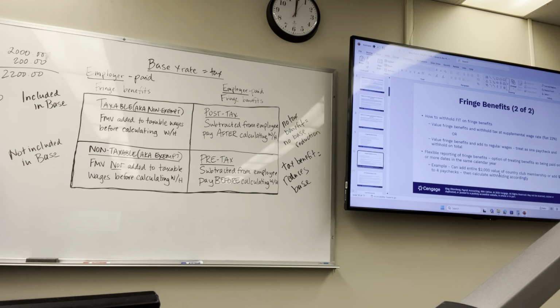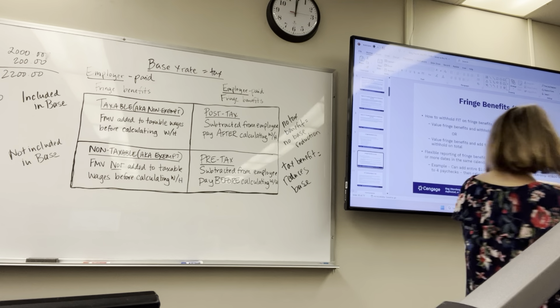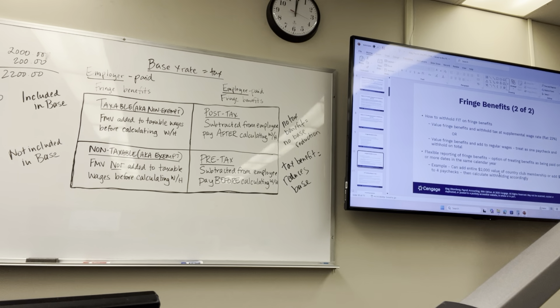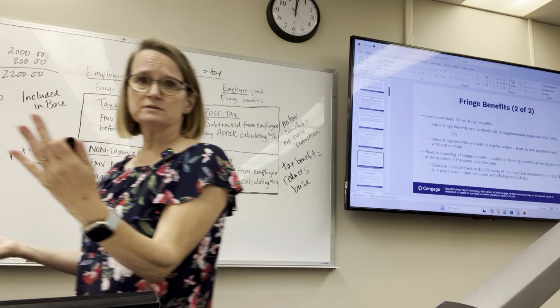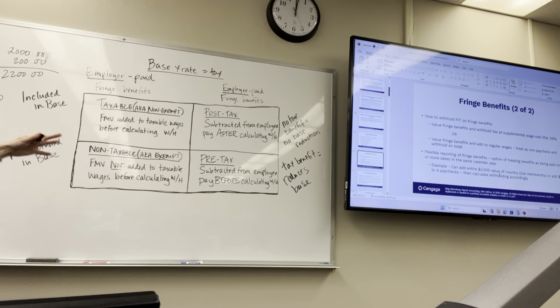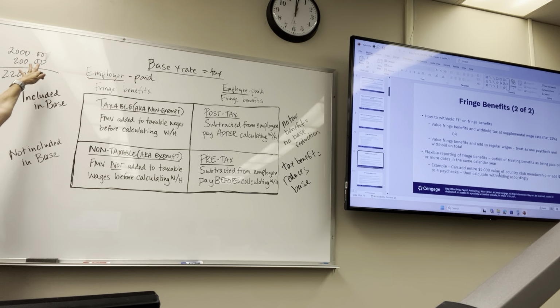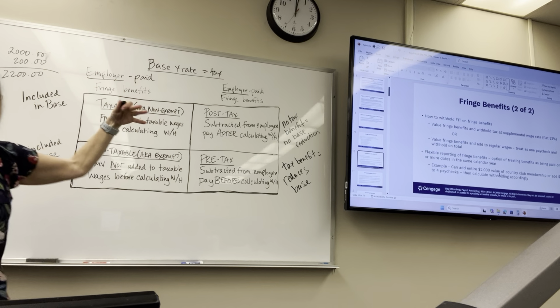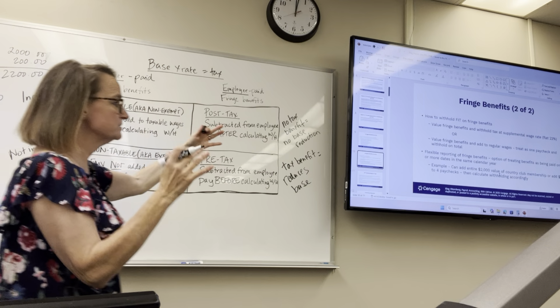If we tax it separately, what we have to do is use a flat tax rate. So we use a 22% flat tax rate, and this works well if it's a bonus. You can do this with bonuses as well. If you pay a bonus, you can pay it separately and tax the bonus at just a flat 22%, or you can include it and then the tax rate that applies to the entire pay will be what is used.